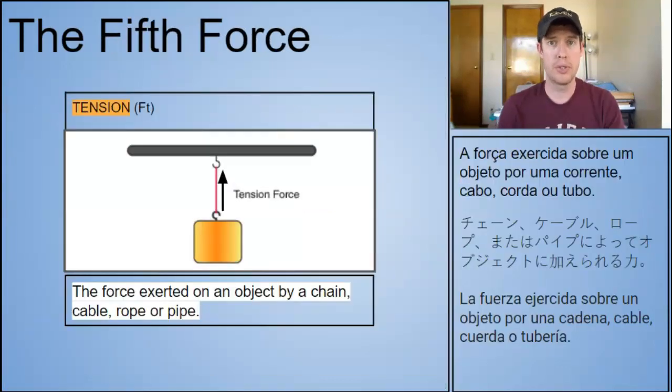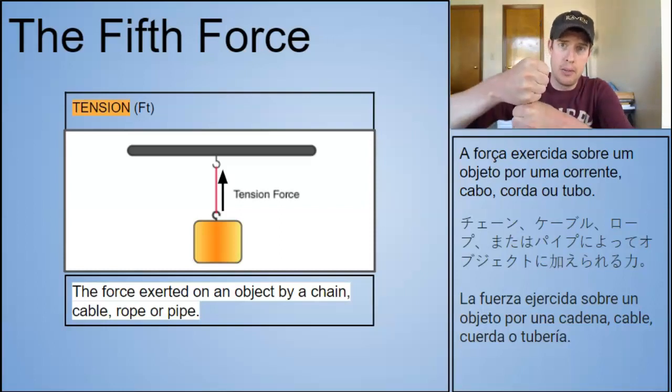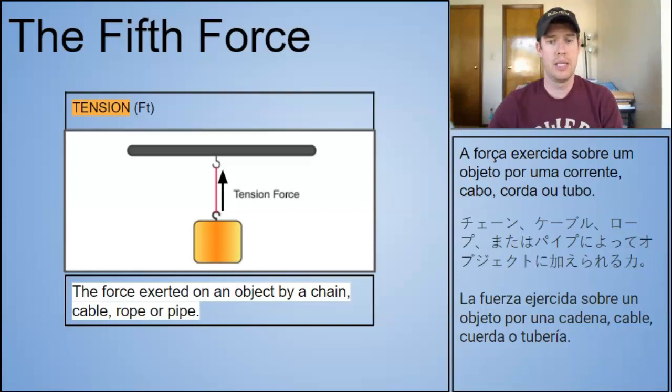We are introducing another force, our fifth, and this is the force of tension. So this is a pulling force that is exerted on an object by a chain or a cable or a rope or a pipe, and that object is being suspended by that chain or rope or cable, and its entire weight is being supported by that source of tension, the pipe or the chain or whatever it is.